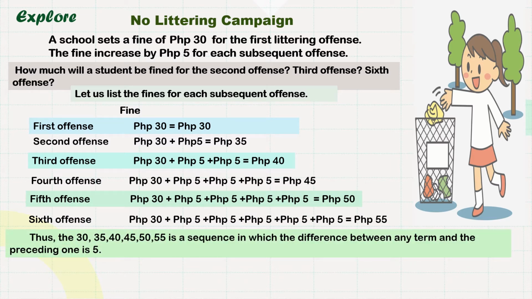Thus, 30, 35, 40, 45, 50, 55 is a sequence in which the difference between any term and the preceding one is 5. This type of sequence is called an arithmetic sequence.